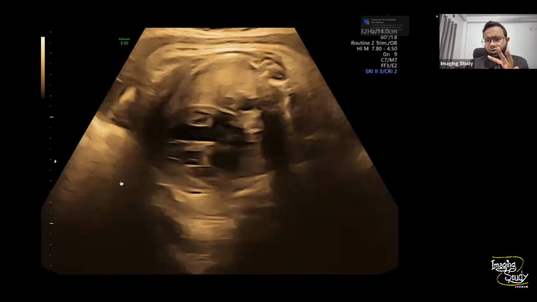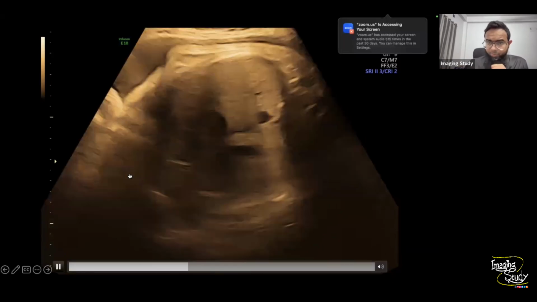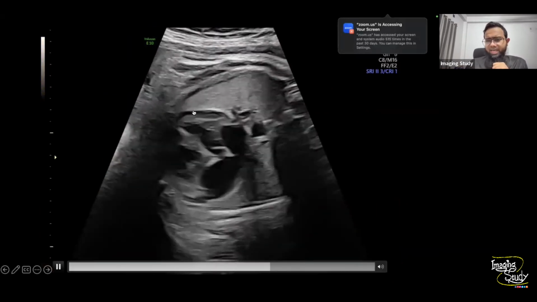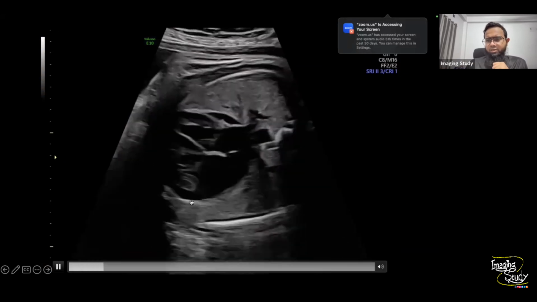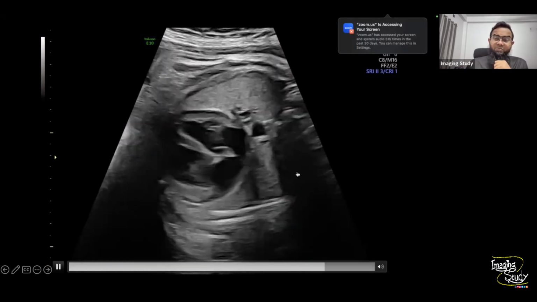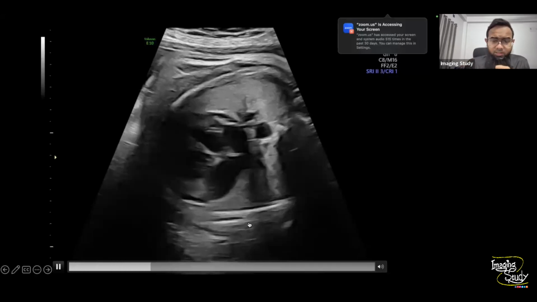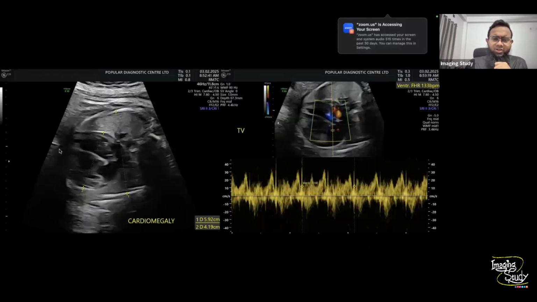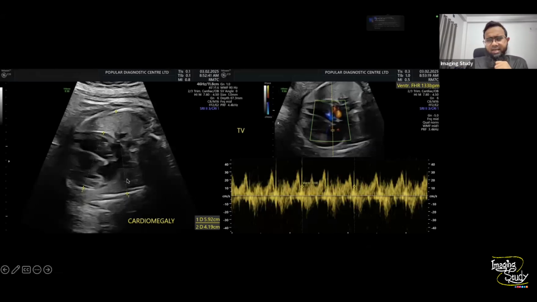Okay, so it may look normal, but it is not normal. If you look here, you see the heart is okay, but if you compare it with the thoracic cavity, the heart is actually more than 50% of the total thoracic area. So you can just draw a line transversely and compare it.